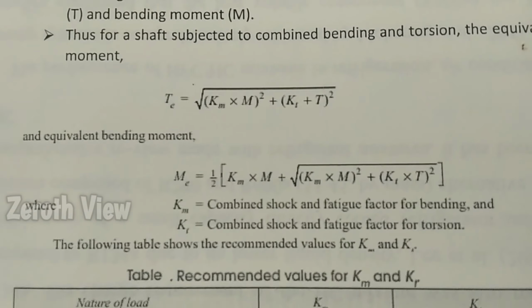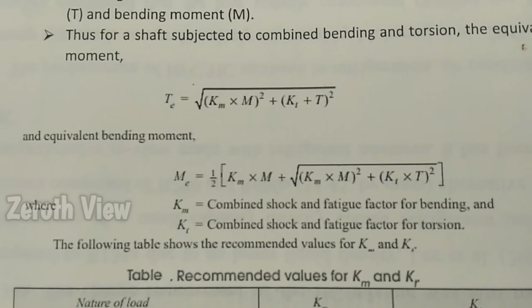By solving, you will get M equal to 562.5 Newton meter, or 562.5 into 10 to the power of 3 Newton millimeter. So we have obtained T equal to 955 into 10 to the power of 3 Newton millimeter and M equal to 562.5 into 10 to the power of 3 Newton millimeter.